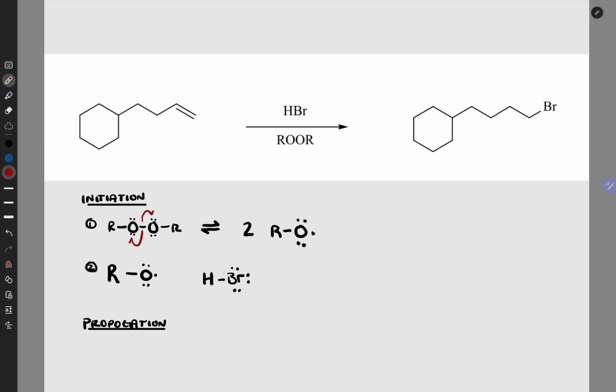Okay. So this bond will split here, and this radical will reach out and attach to this radical, bringing the hydrogen over to the O to make ROH, and leave us with a bromine radical.